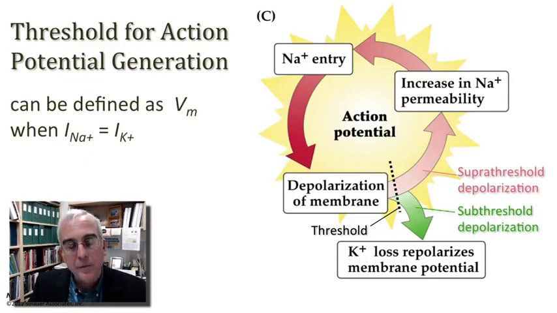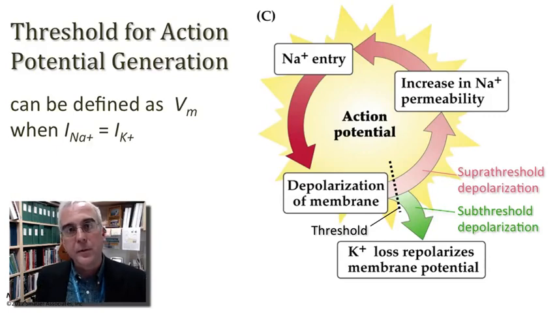And threshold, therefore, can be defined as the membrane potential when the sodium current is exactly equal to the potassium current. That is, it's a tipping point where just as much potassium is able to leave the cell as sodium entering the cell.